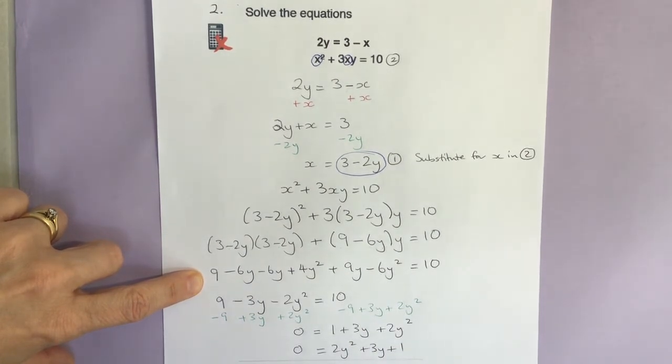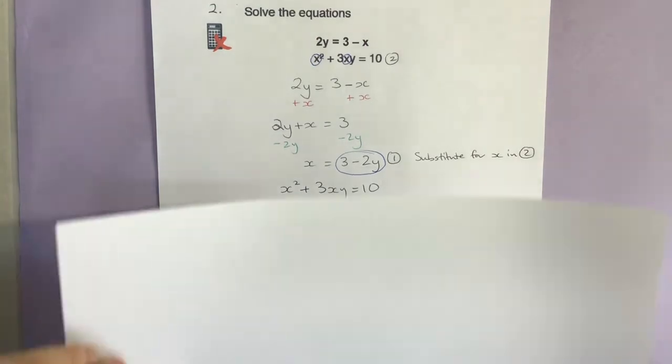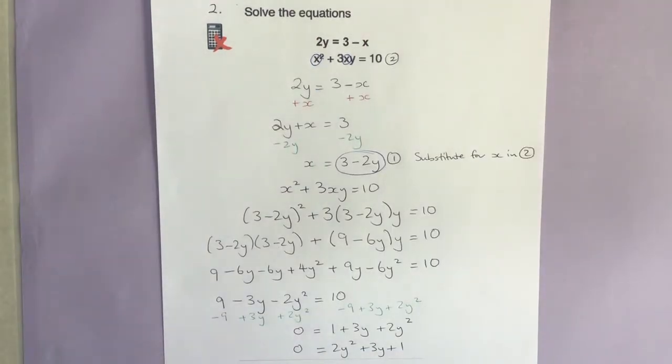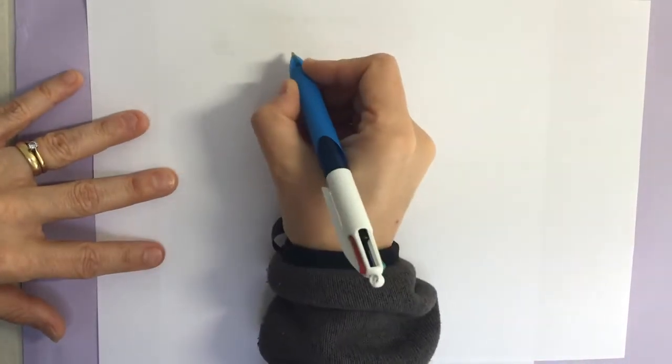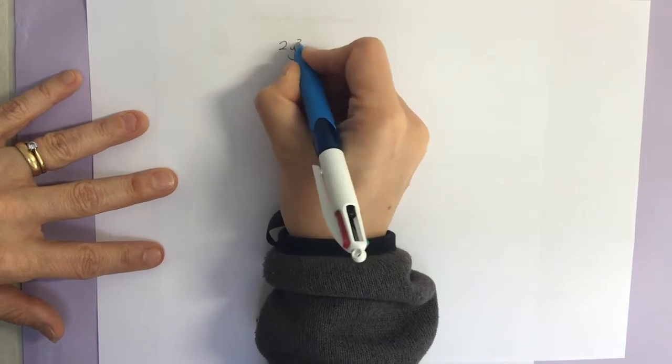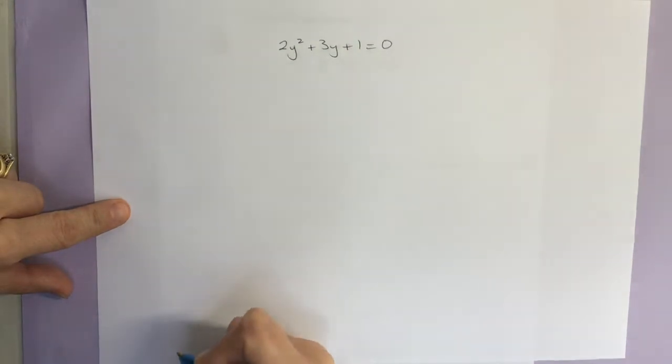Okay, we're going to get another sheet of paper now, and we're going to solve this quadratic. So what did I end up with here? 2y squared plus 3y plus 1 equals 0.